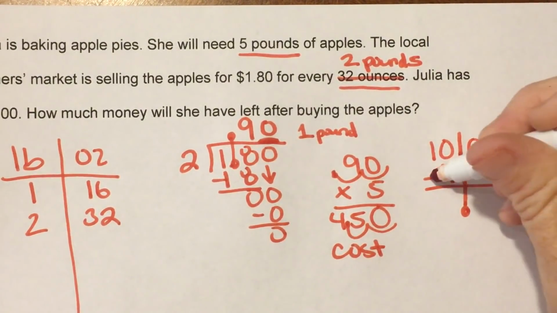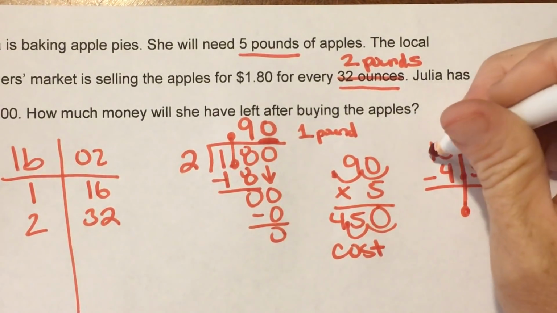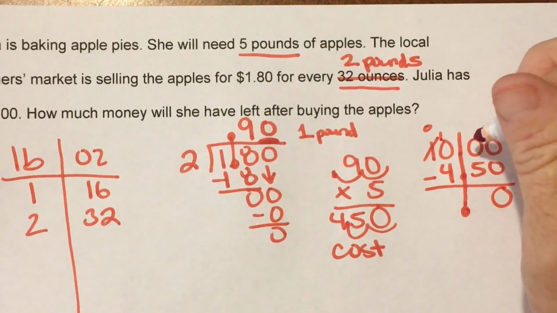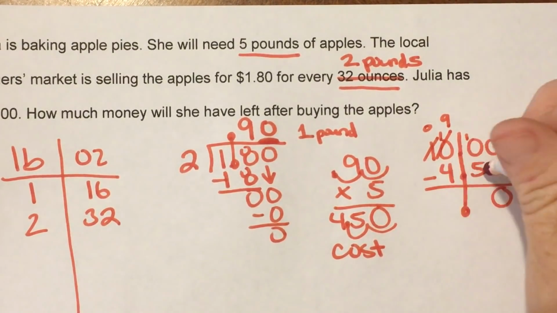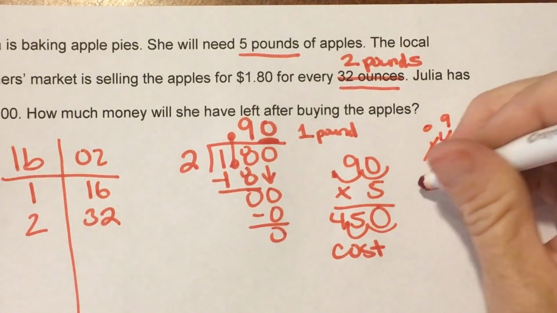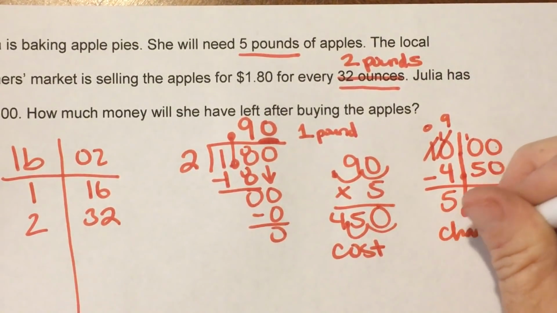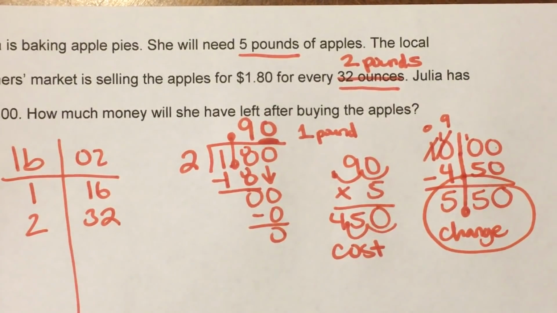So 0 take away 0 is 0. 0 take away 5 is not possible, so let's come way over there and borrow. This becomes 10, but then the one borrowed from becomes 9, and this becomes a 10. So 10 take away 5 is 5, 9 take away 4 is 5, and this is how much change she will get from her $10 bill.